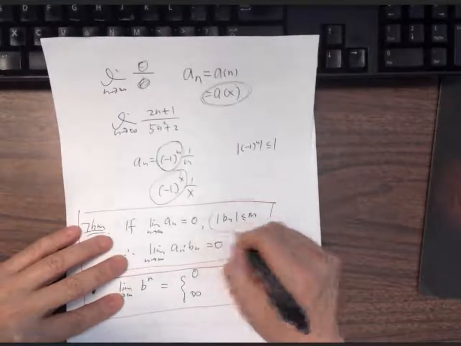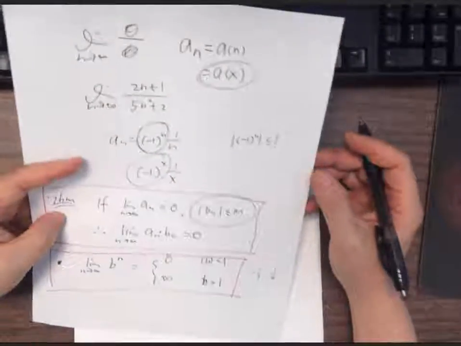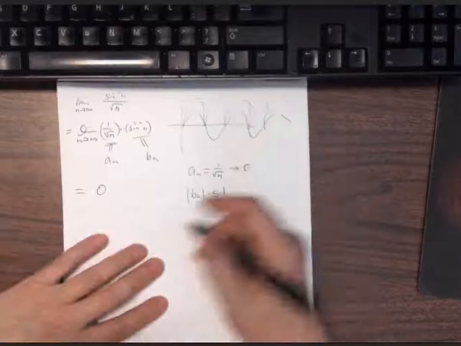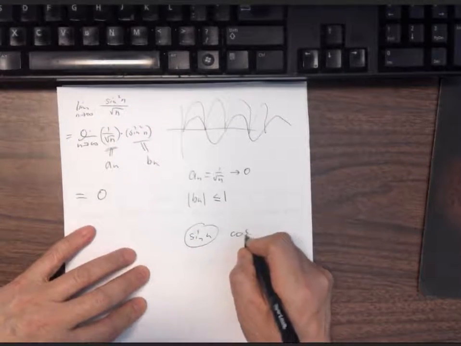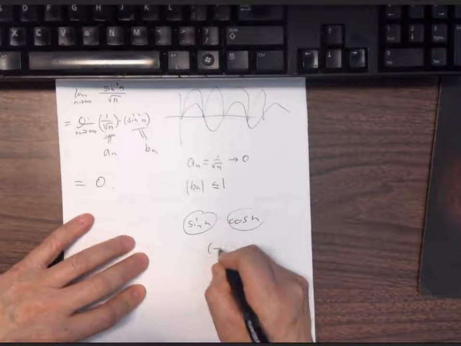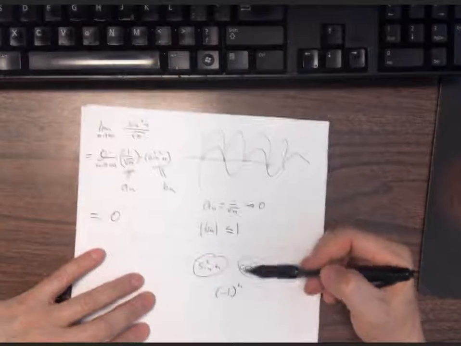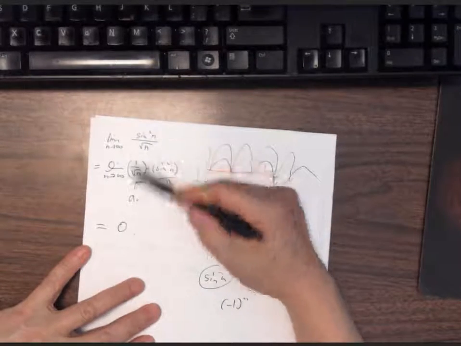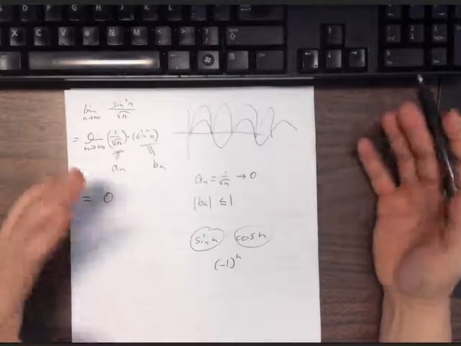The thing is, we don't know how to estimate a lot of expressions. Commonly, if we see sine, cosine, or negative 1 to the nth power, we most likely will do it this way, because those are the only bounded guys we can easily show.